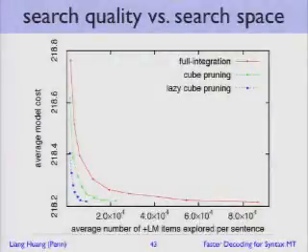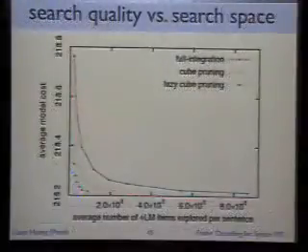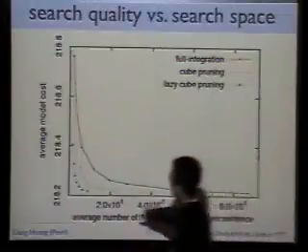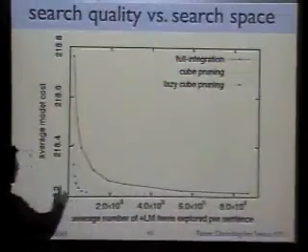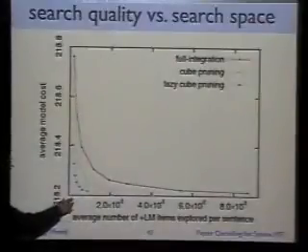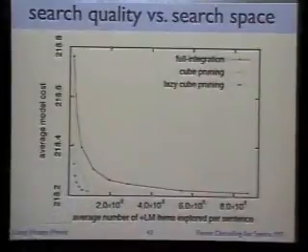So this kind of plot is a trade-off between search space, measured by the number of LM items per sentence, and the model cost. So we prefer lower model cost, right? Our goal is to get somewhere here, where you're very fast, you explore very few items, but you still get a pretty good model cost.